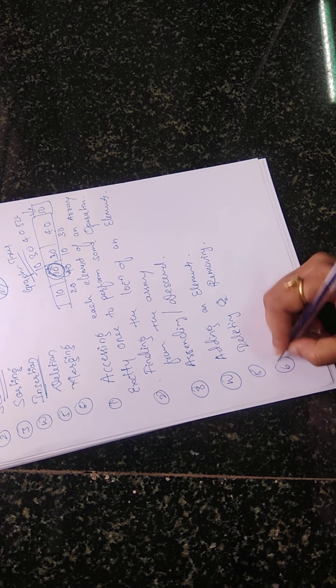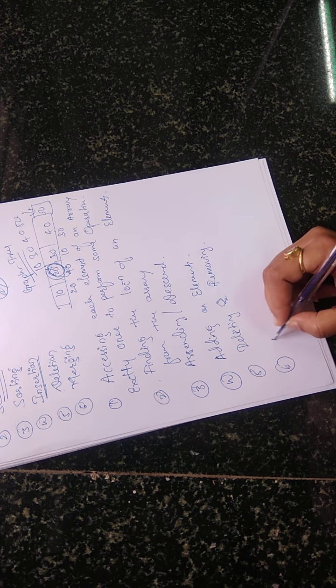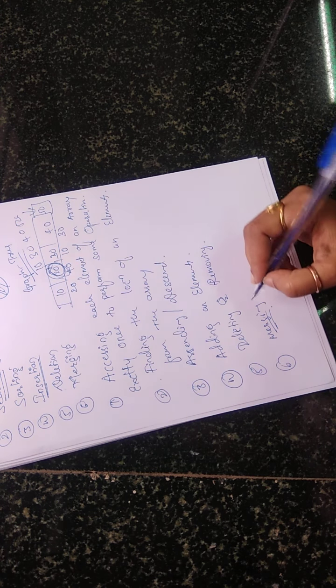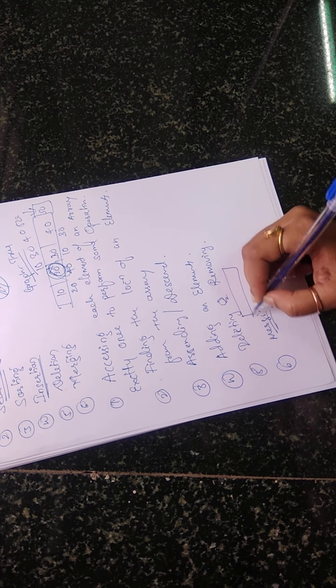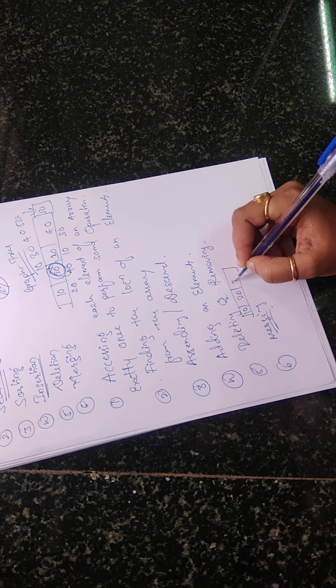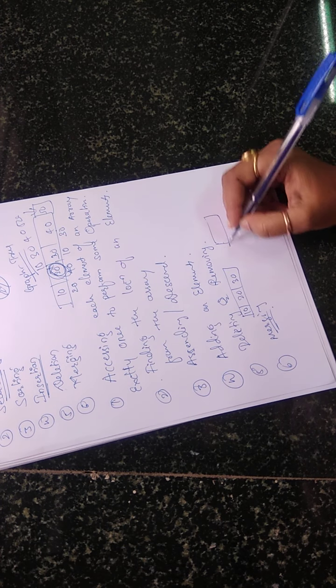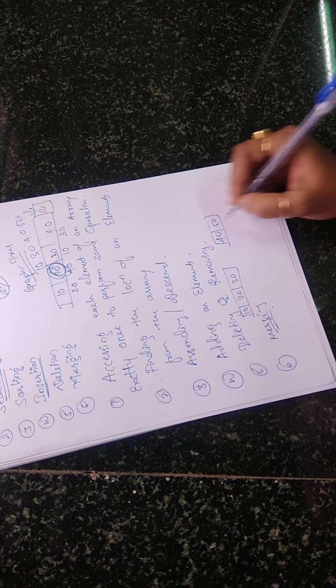Then the sixth one, the last we have, is merging. What do you mean by merging? Merging is nothing but combining one or more arrays to form a single array. For example, here one array has the elements 10, 20 and 30. Another array has 2 elements, 40 and 50.